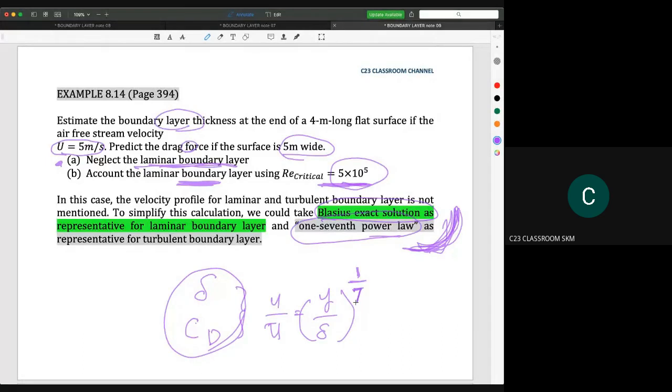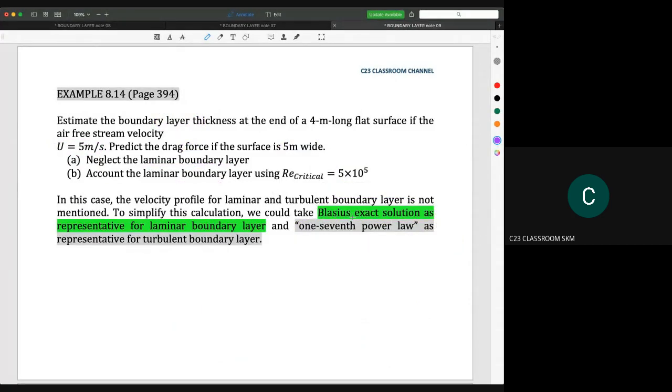That's why in some textbooks they call the 1/7 power law the representative for the turbulent boundary layer. In this situation, because we don't know the velocity profile, it's not given in the question, we could say that the laminar boundary layer can be calculated using the Blasius exact solution, and for the turbulent boundary layer we can use the idea of the 1/7 power law.